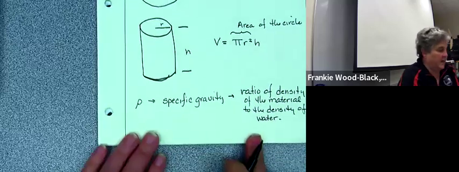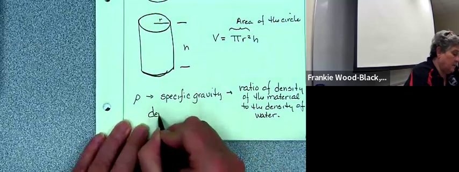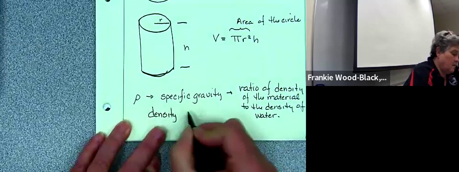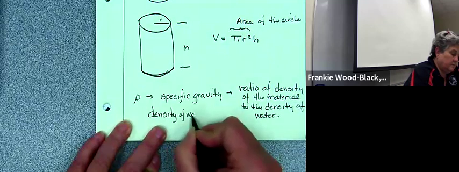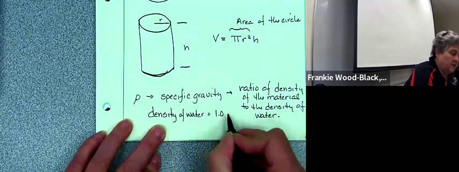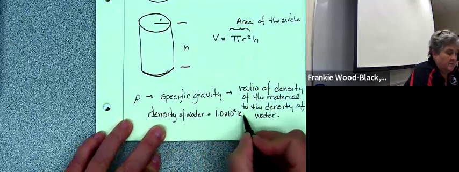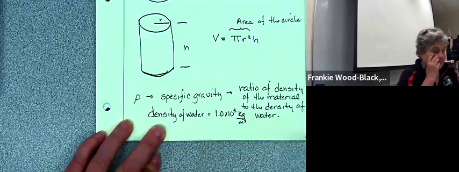And we use water to help us do some definitions, and the density of water is equal to 1.0 times 10 to the third kilograms per meter cubed.